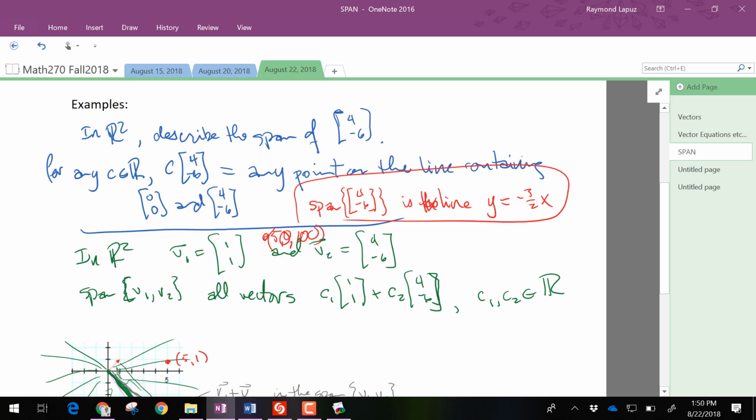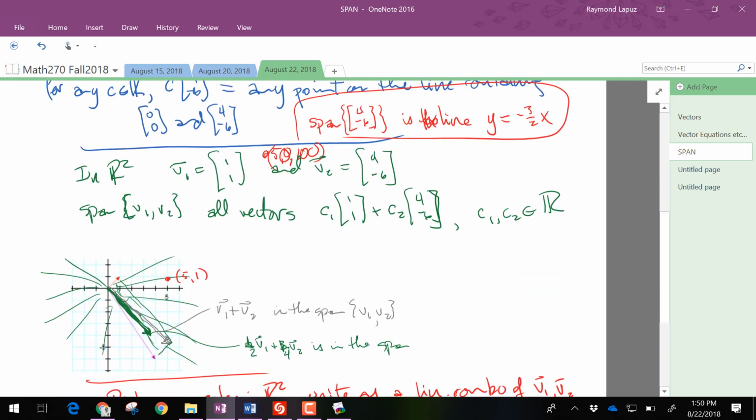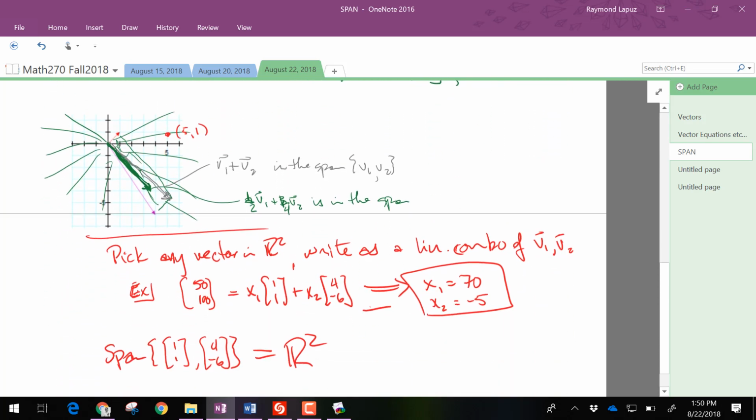Is that right? Rise over run, change in x, change in y. Whatever. Yeah. So our first example did not span the whole thing. It only spanned a line. Our second example spanned the whole thing. Yeah. And the number of vectors that we're talking about.